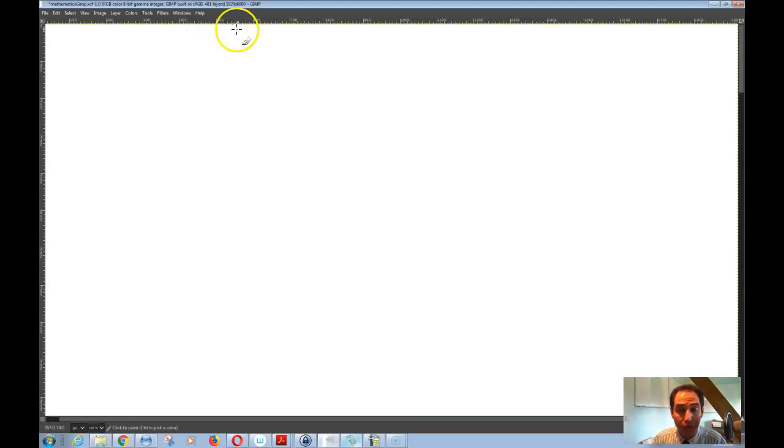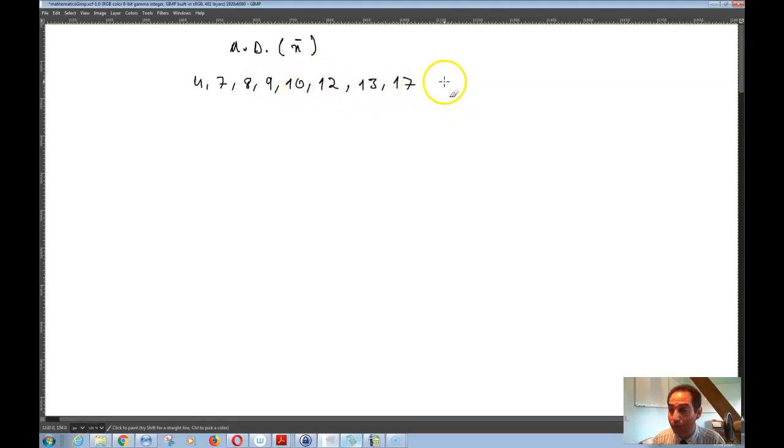So we want to find the mean deviation about the mean, which is x bar, for this data, and the data is 4, 7, 8, 9, 10, 12, 13, and 17.